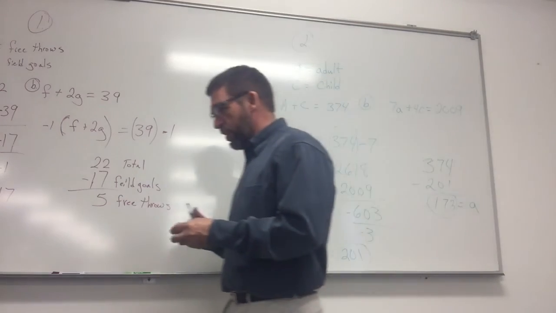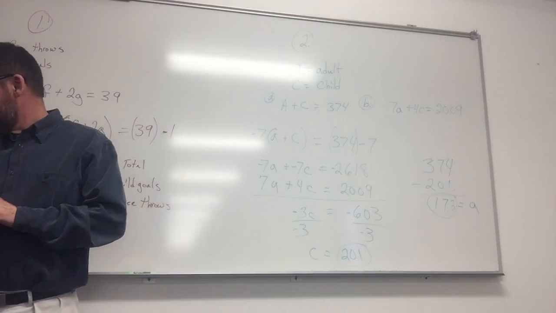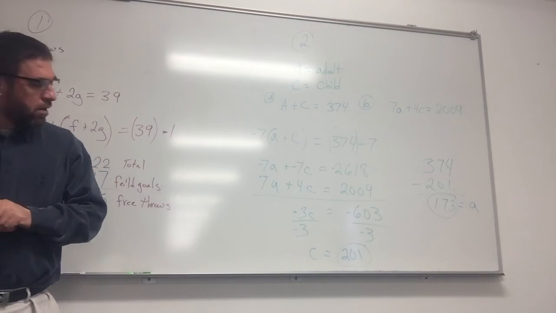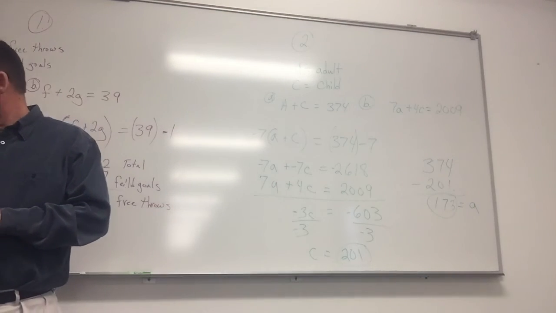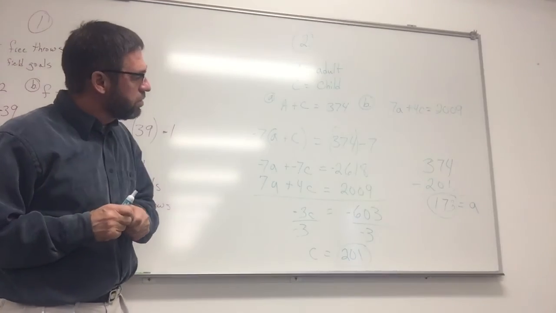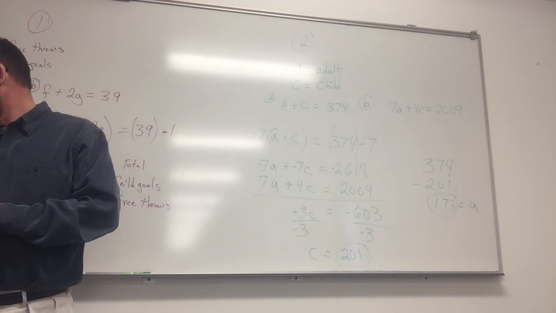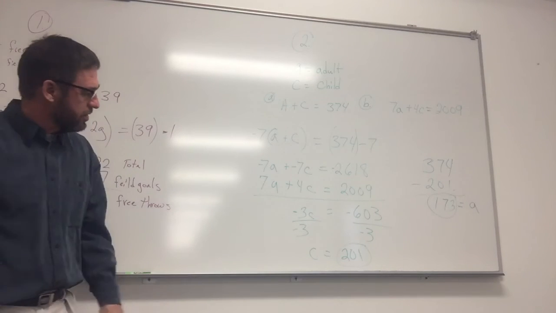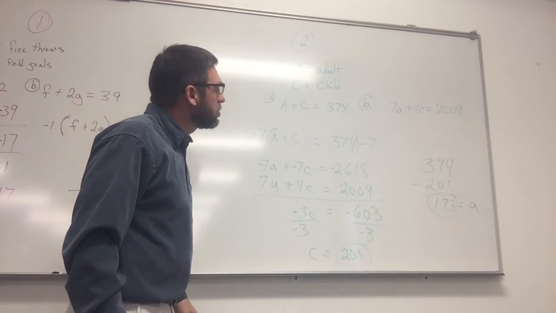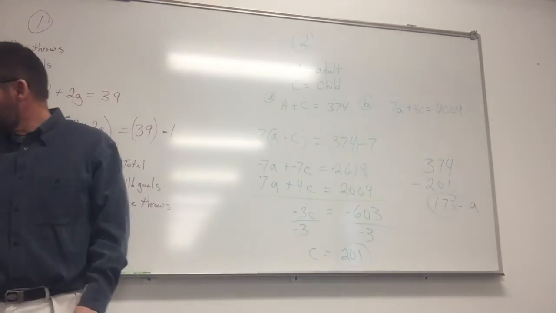Let me see if I got that correct. $201 children's plates. No? That's correct. No, 171. I'm still wrong somewhere. My book is telling me it's 203.